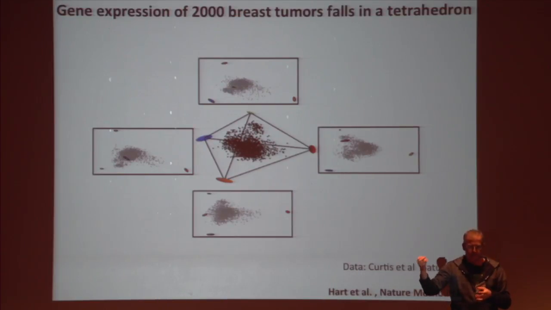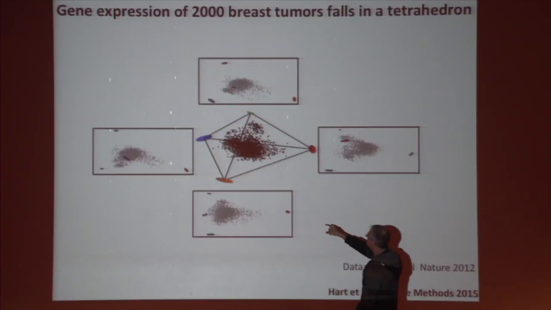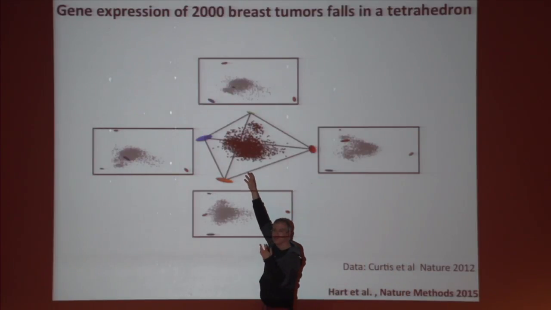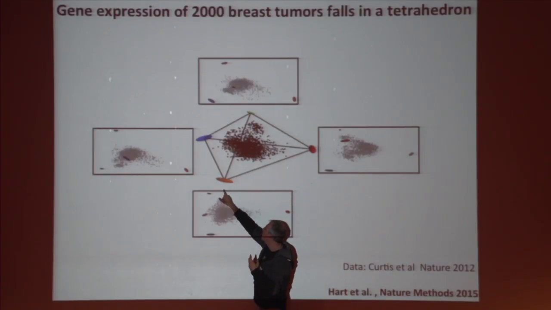If you go to 5-dimensional archetypes, some of the archetypes split up, and these ellipses are what happens when you do data resampling. So you take data with replacement. Why do we do that? We want to see if the archetypes are sensitive to outliers. They don't move much. That's these ellipses, the standard deviation of the archetypes.